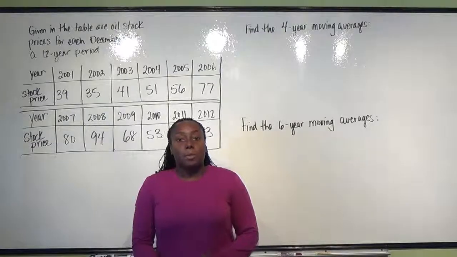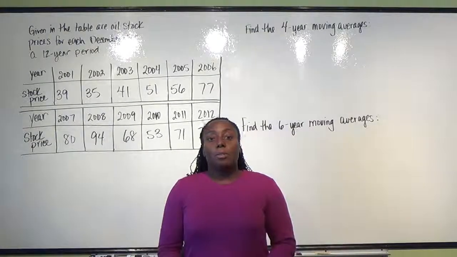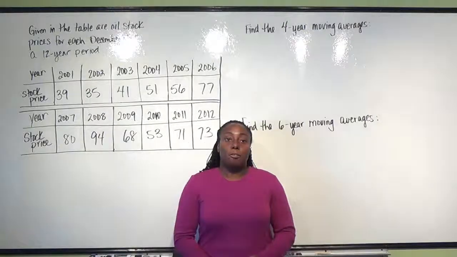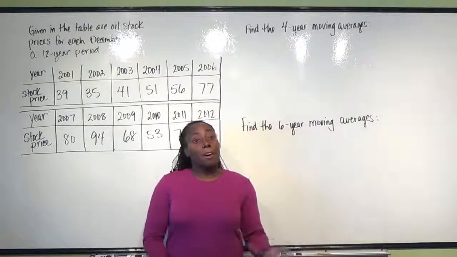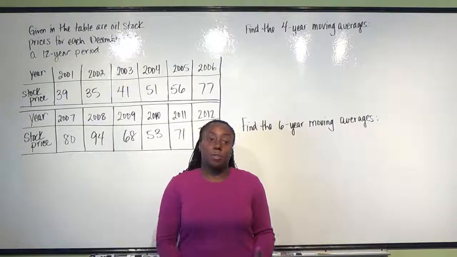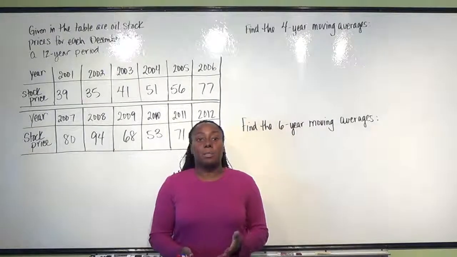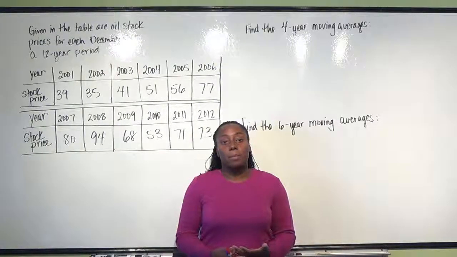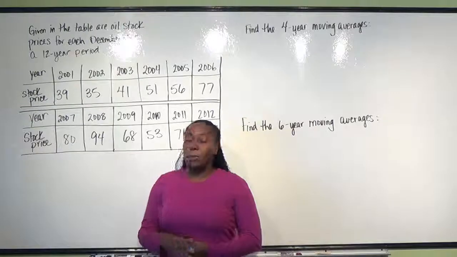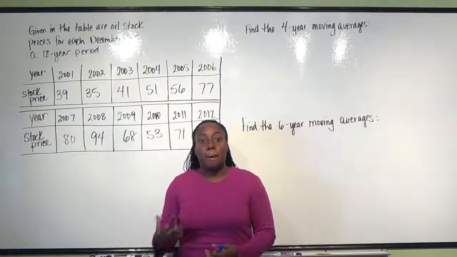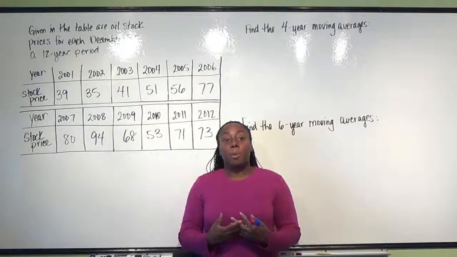Okay. So in this section, you're going to be asked to do 2 different types of things with the moving averages. Both are calculating n-unit moving averages, but your setup is going to be a little different for the two different types of problems. So in this first type, you're going to be given some information about a situation.